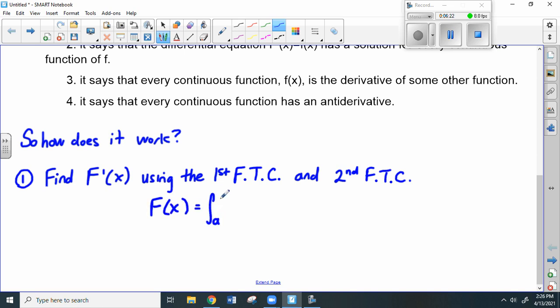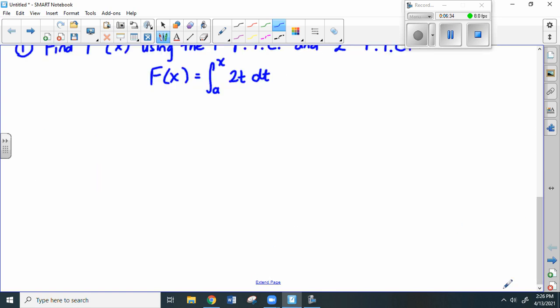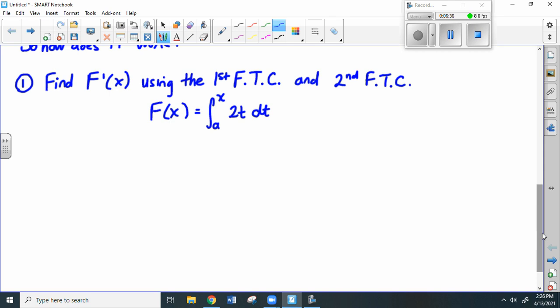It's the integral from a to x. Let me give you an actual function, 2t dt. So if you saw that that was capital F of x, and I asked you to find the derivative of it, well, using the first fundamental theorem, you would actually have to integrate first.